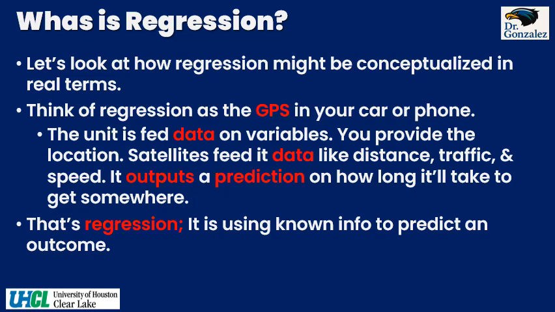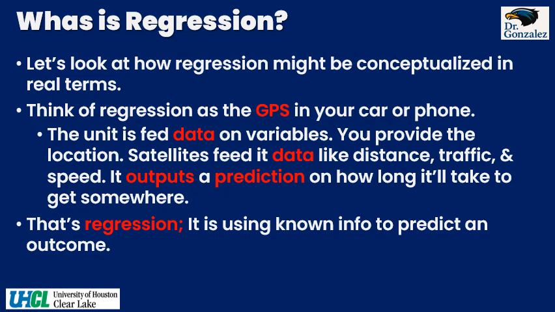What happens is you feed the unit data on a variable. In your case, you're probably just giving it your location and where your destination is. But the unit itself or your phone is going to ping GPS satellites and databases out there to feed more data about variables like distance, how far you are from your destination, and traffic.